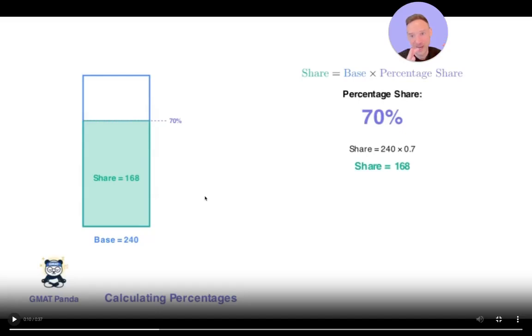The share as a percentage is something that's always relative to the base, whereas the share is a number that is true, even if you don't have the context of what the base is.